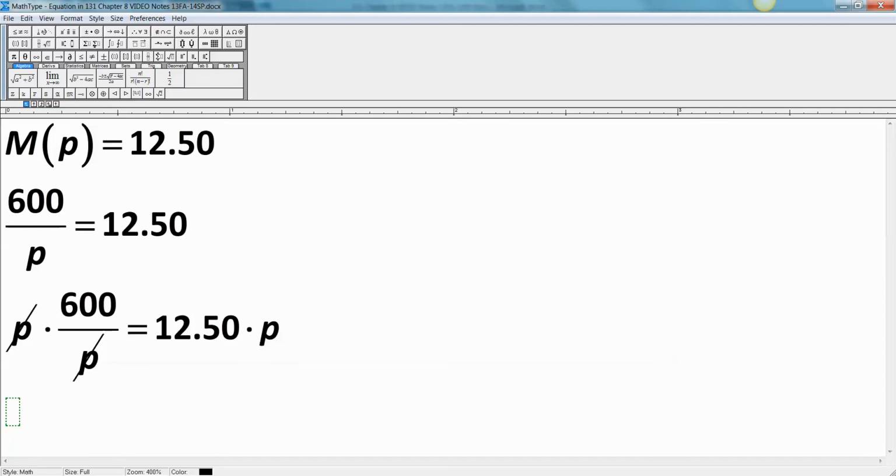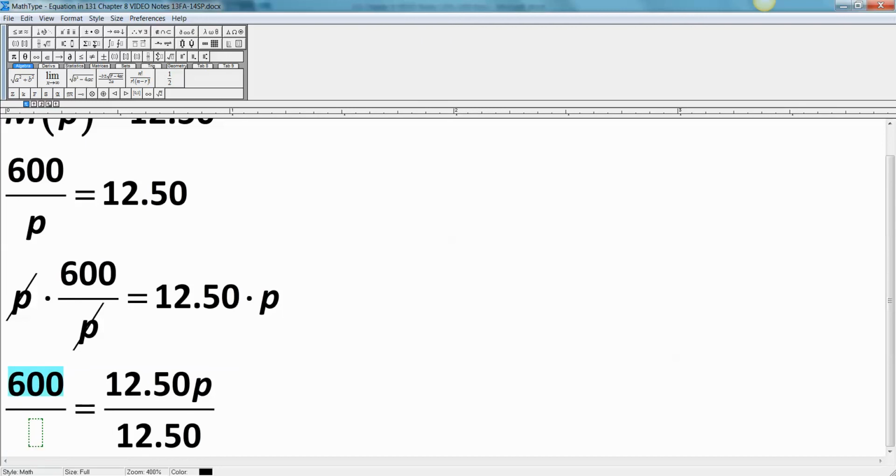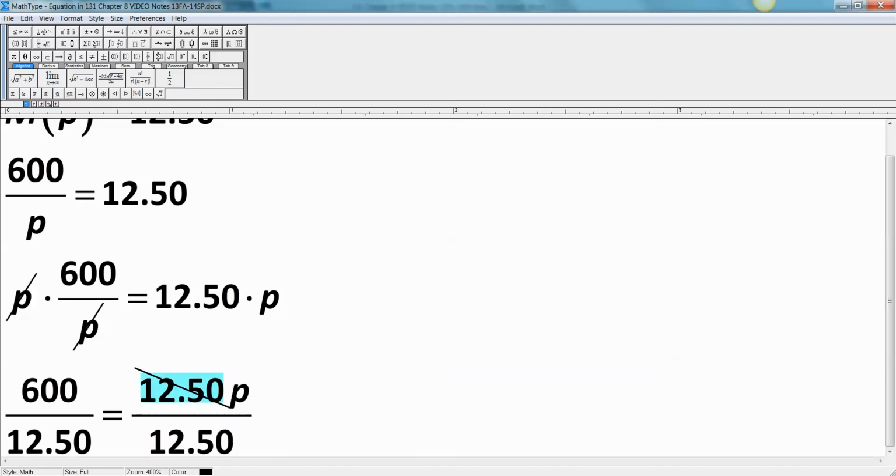So over on the left, you're going to have 600 equals 12.50 P. Now you want to divide both sides by 12.50. Again, if you do it to the right-hand side, you have to do it to the left-hand side. That's the way equations work. Then we divide this away.